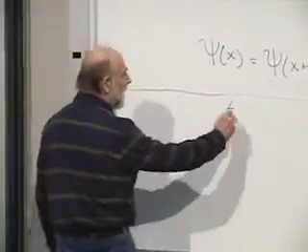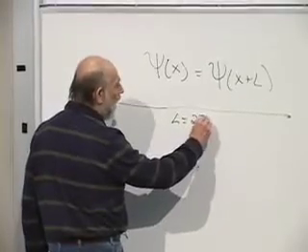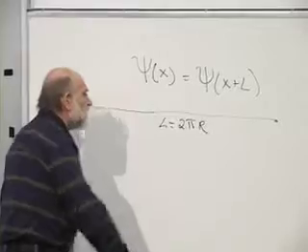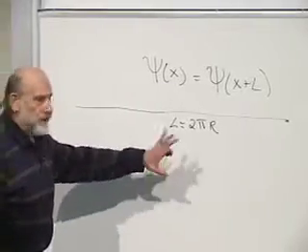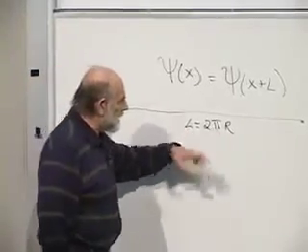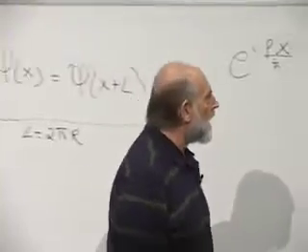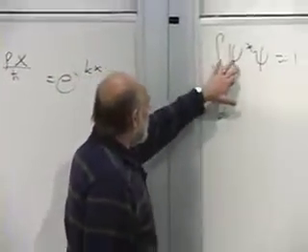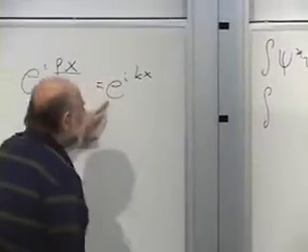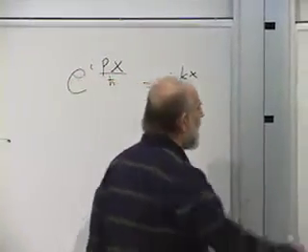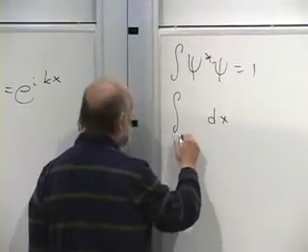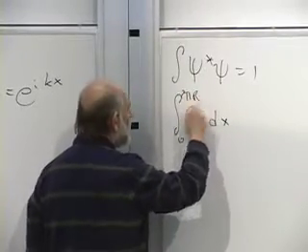I want to think of L as equal to 2 pi r. I want to imagine that it is on a circle. This is just for notational convenience. Then psi star psi is 1, but the integral over x from 0 to 2 pi r would not be 1.